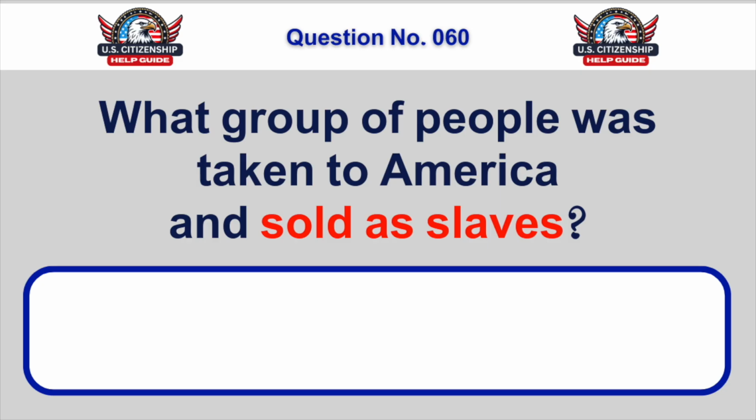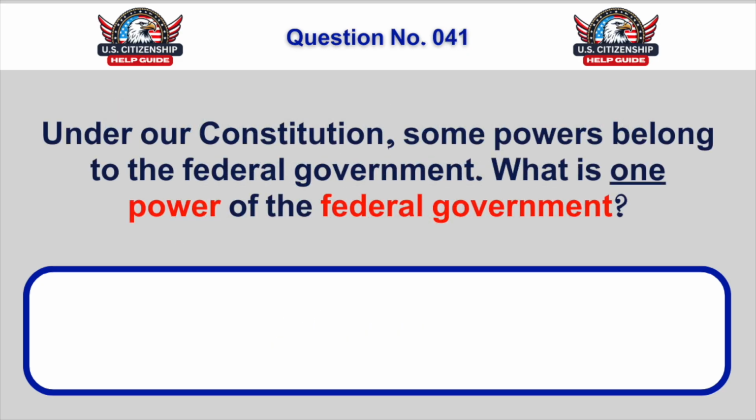What group of people was taken to America and sold as slaves? Africans. Under our Constitution, some powers belong to the federal government.